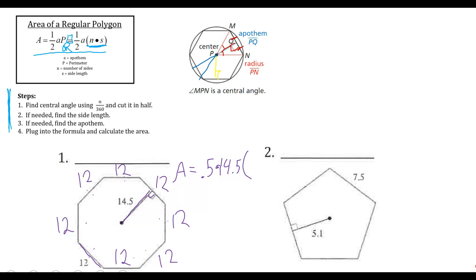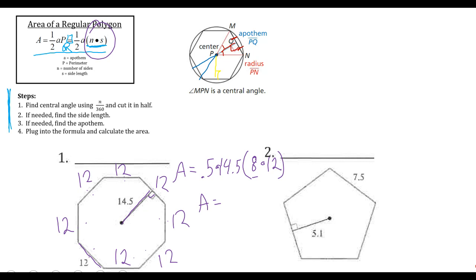Which is what this is talking about: number of sides, we have 8, times the side length, that's 12. You could add all those 12s to find the perimeter, or you could just multiply by 8. Okay, now we have enough information to solve the problem.